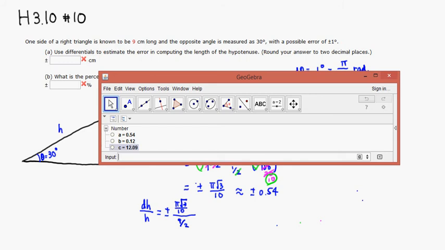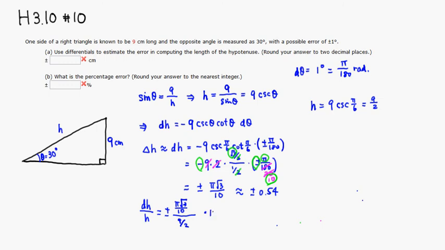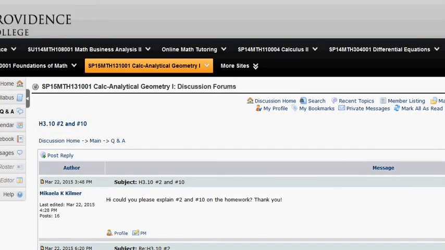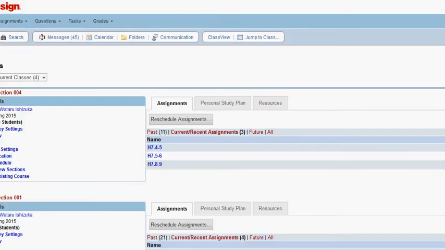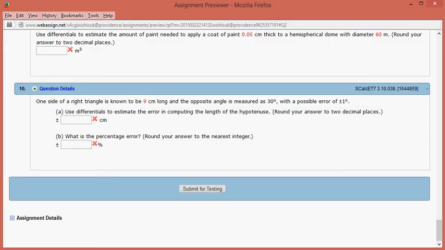I forgot to multiply by 100 earlier, so it's about 12%. So let's put that in. This came out to be 0.54, and about 12%. Let's submit for testing.